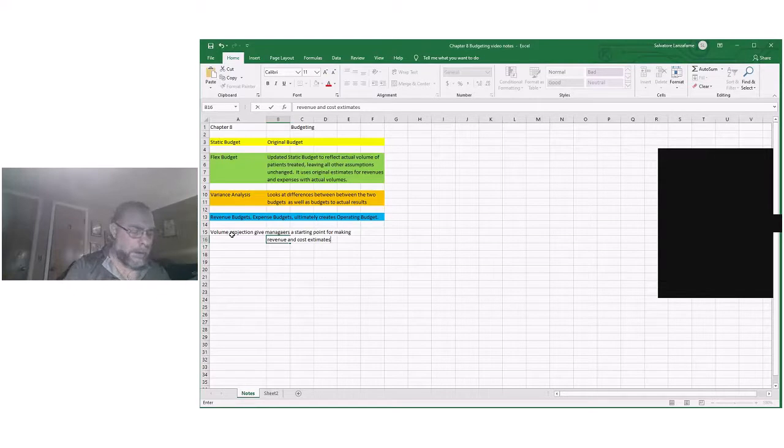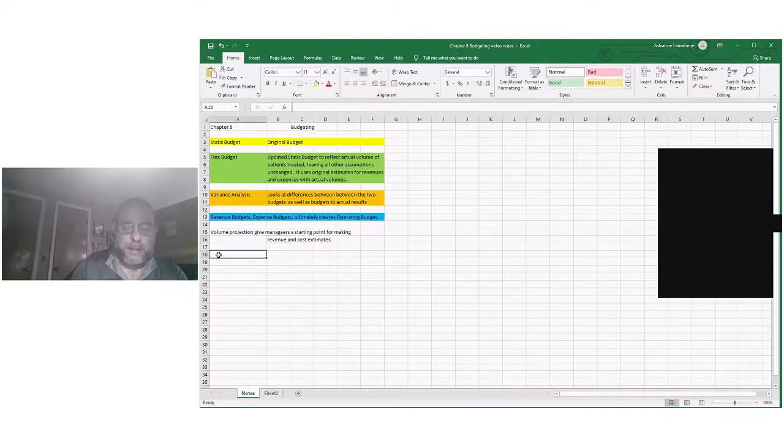A couple other things that I want to give you here in terms of some notes. You're going to be asked to calculate a revenue variance. And the way you calculate a revenue variance is you take your actual revenue and you subtract out your static revenue.